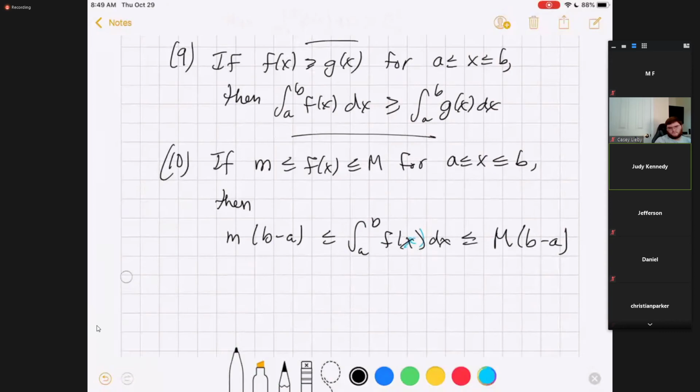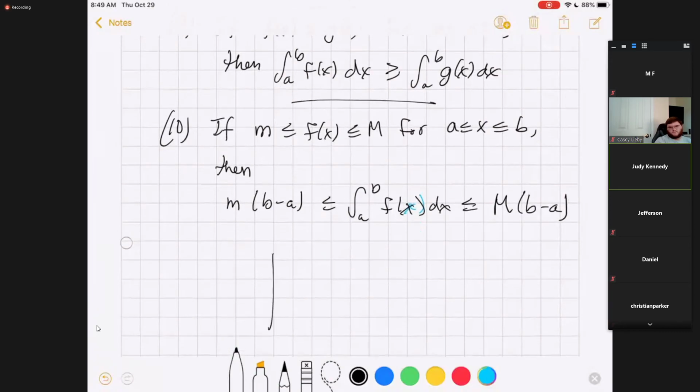Okay, this kind of makes sense if you think about it. So we have this function. There's f. And I take little m here and I take big M here. Call that A and call that B. Big M times B minus A, well, in my picture, it'd be the area of that rectangle.